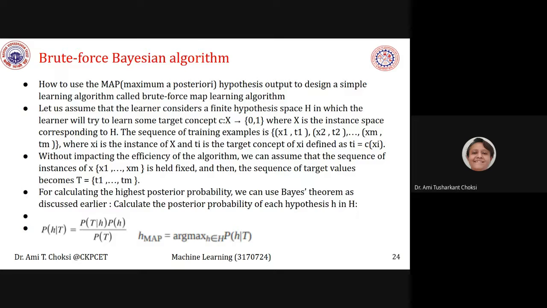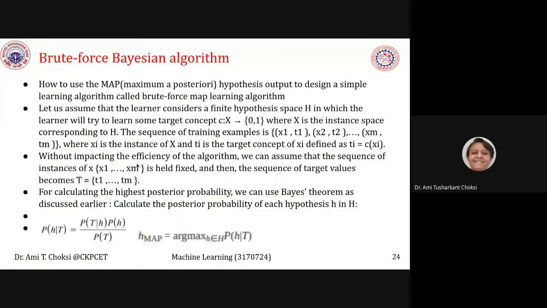Let the concept C be a function whose domain is X and whose range is typically 0 comma 1, where X is the instance space corresponding to H. The sequence of training examples is x1 t1, x2 t2, up to xm tm, where xi is an instance of X and ti is the target value of xi, defined as ti equal to c of xi.